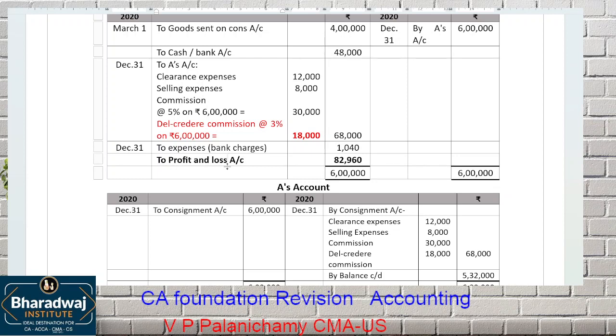Is the value of goods sent given? The value of goods sent is not given.